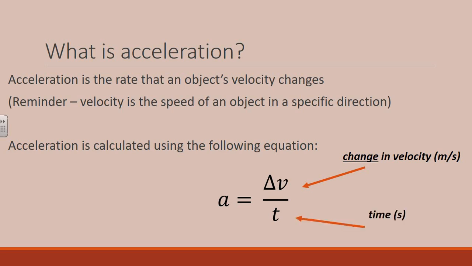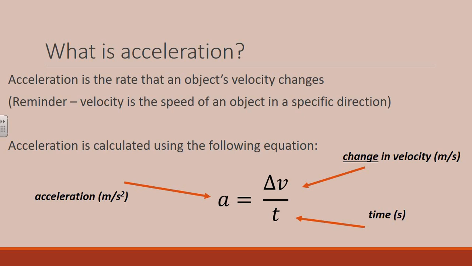The second point underneath that is the time, and that is measured in seconds. So that's how quickly or how much the velocity changes over the period of time. And that obviously gives us the acceleration, and the units for that are meters per second squared.